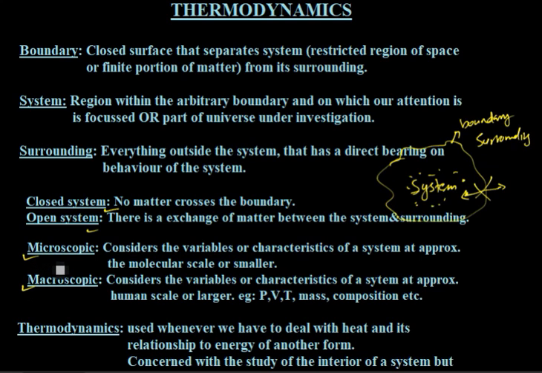The microscopic approach considers the variables or characteristics of a system at approximately the molecular scale or smaller. That is, we are considering the parameters which characterize the behavior of the system at the microscopic level, or microscopic level means the molecular scale or smaller.